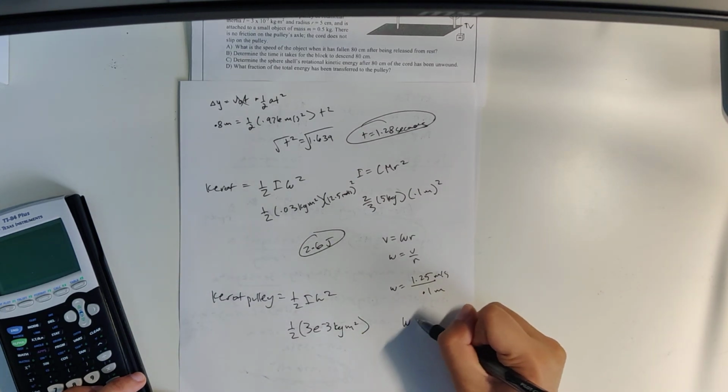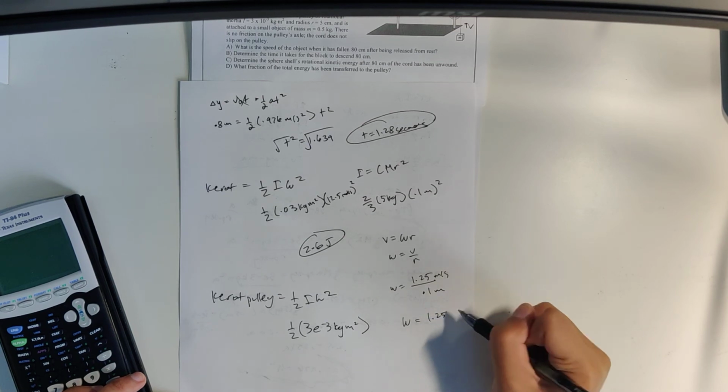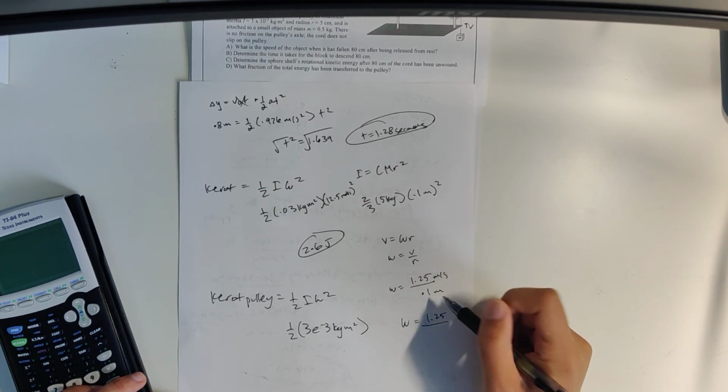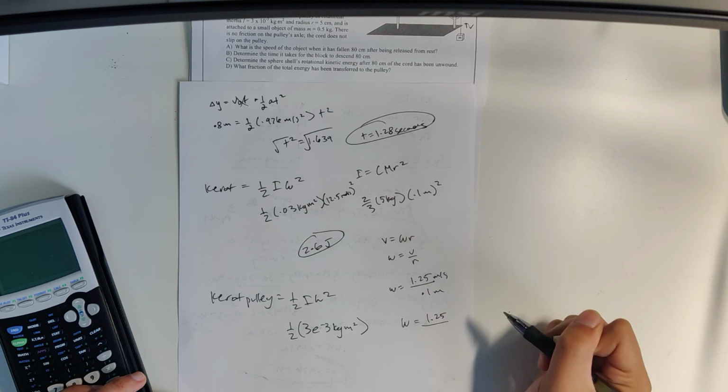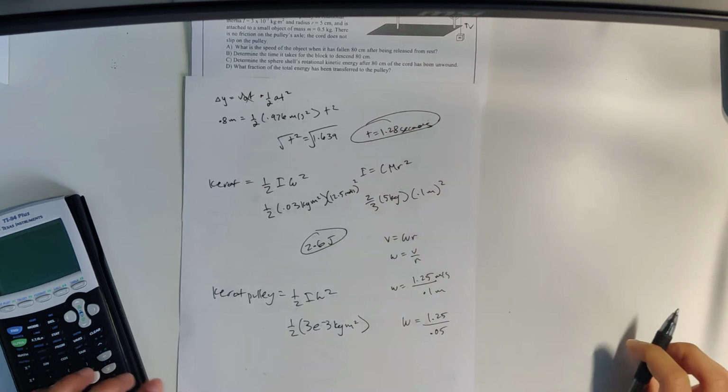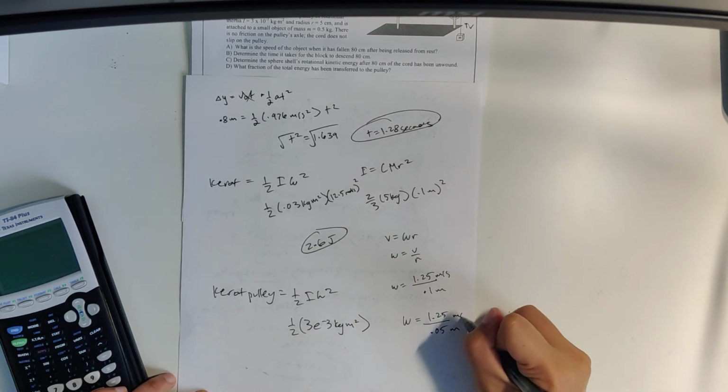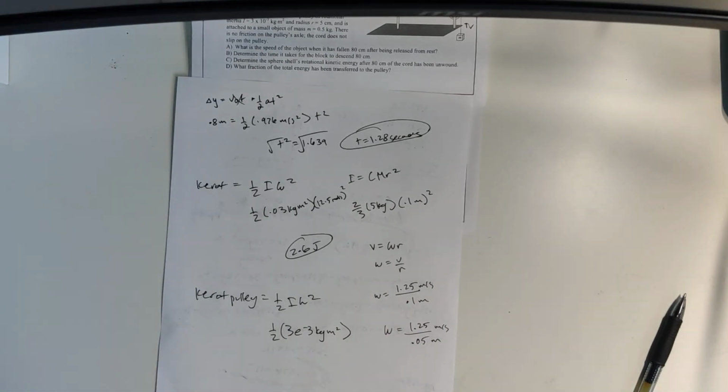So this is going to equal 1.25, and then this time your radius is going to be 5 centimeters. Meters per second. 1.25 divided by 0.05.